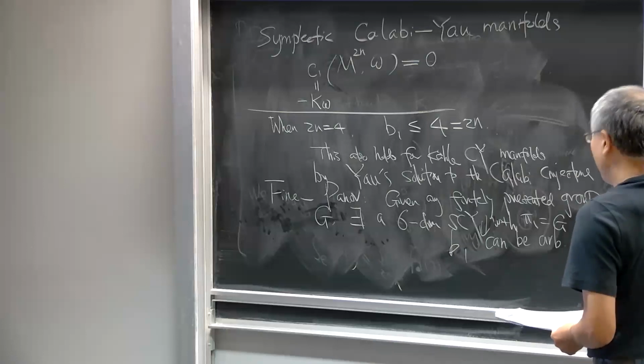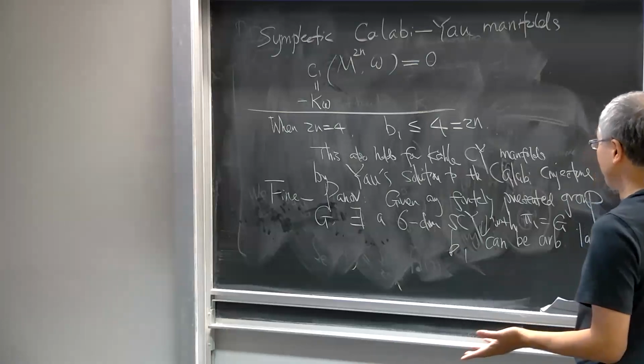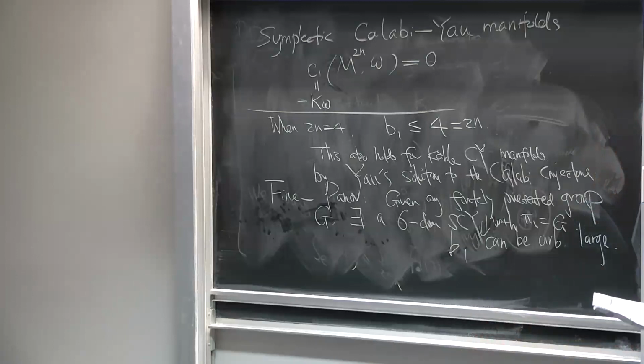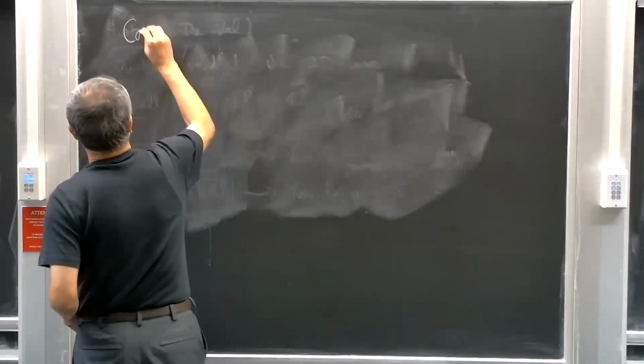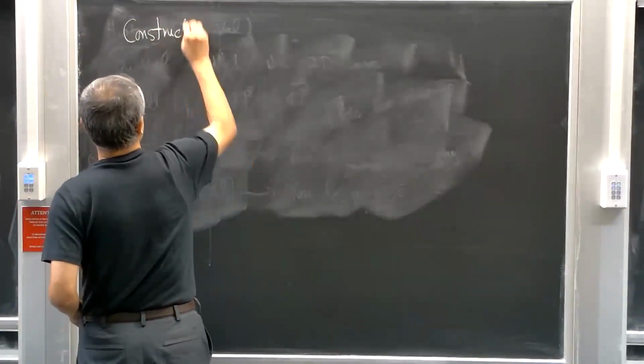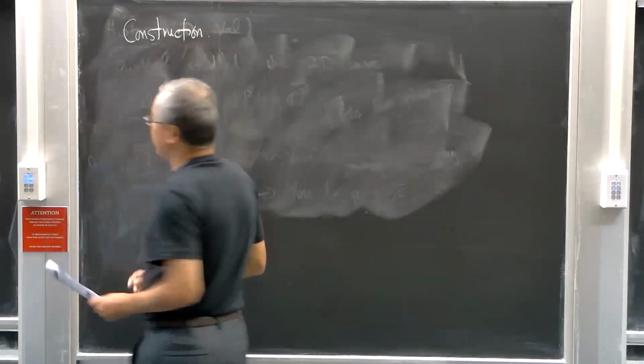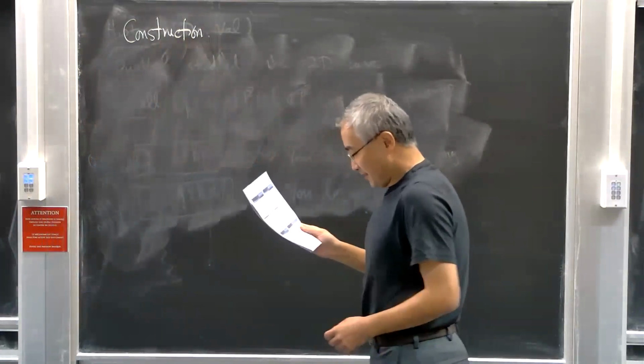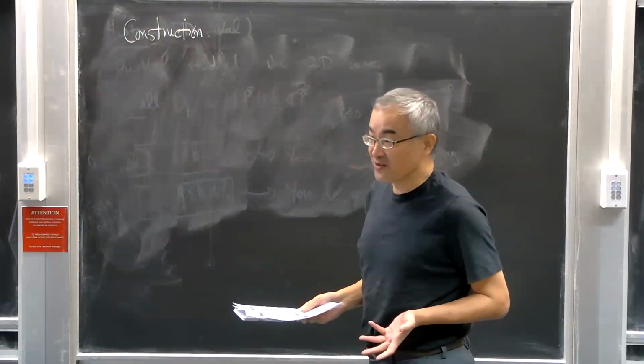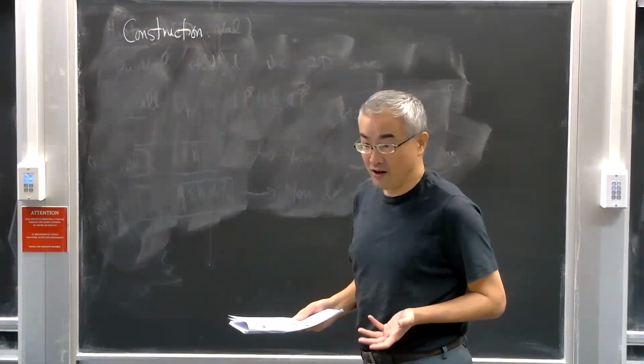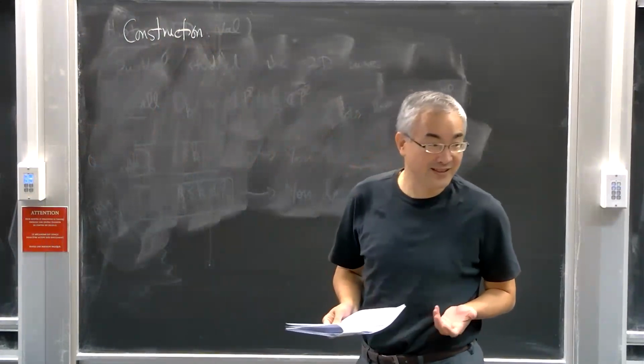So there's no chance to classify them. And well, maybe I can say a few words about the construction. So it's the twistor space construction on 4-dimensional orbifolds.